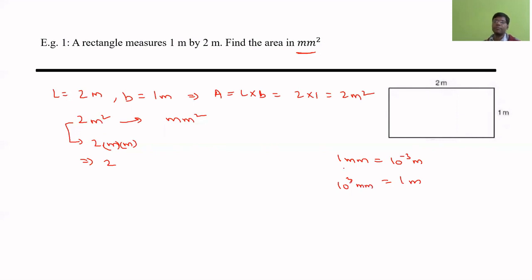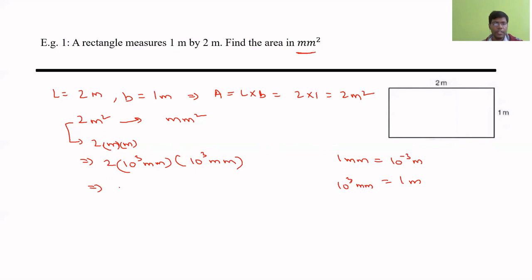As we have done in the previous problem, you can either take x and then divide this by x and this by x, or you can write directly like this also. So 1 meter is 10 power 3 millimeters. So this meter is nothing but 10 power 3 millimeters multiplied with 10 power 3 millimeters.